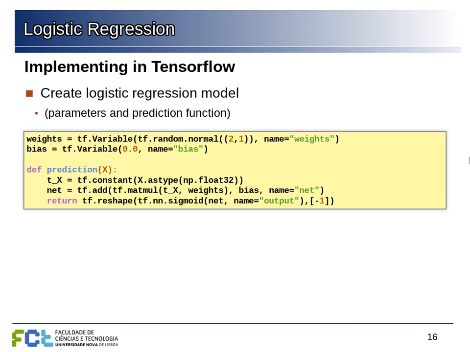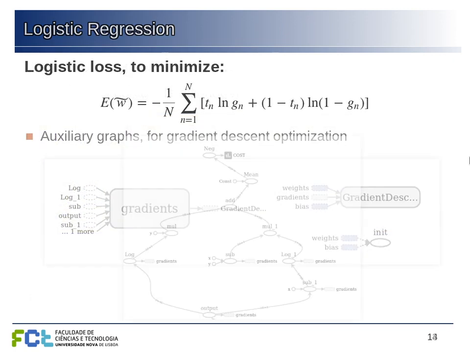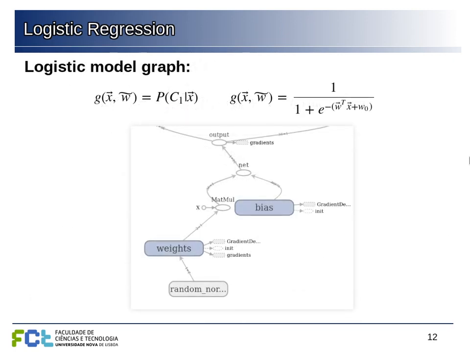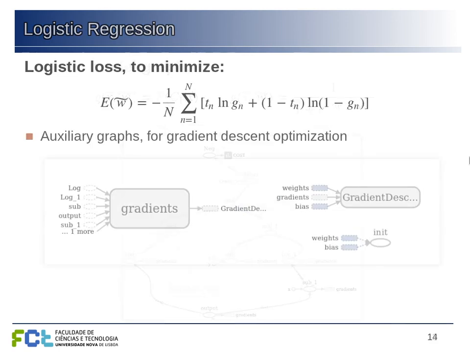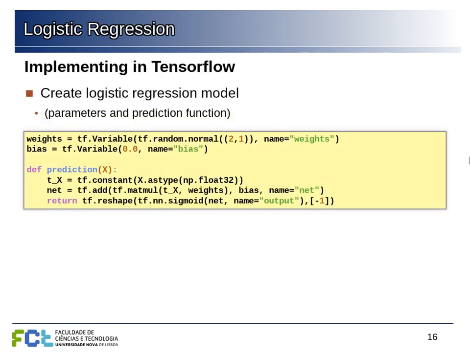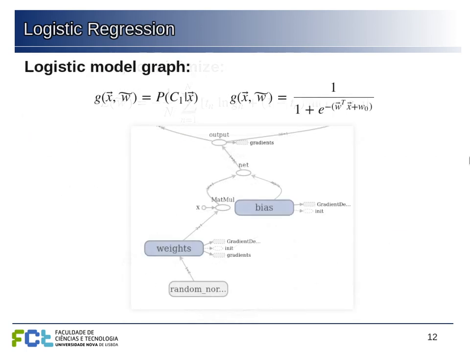And now we're going to compute this function here. So first, a matrix multiplication between the matrix of examples and the weights, which is this column here. And as we do this matrix multiplication, we get a column with all of these products of the weights of our model and each example for all the examples in the matrix.